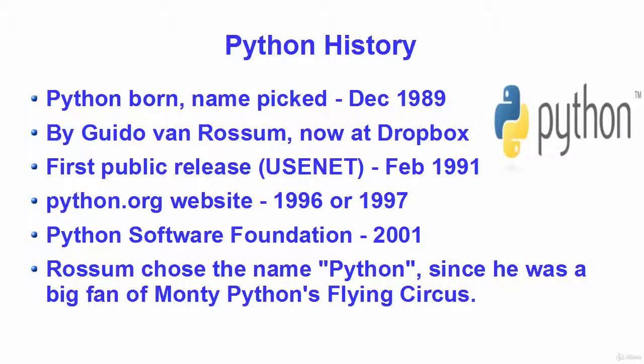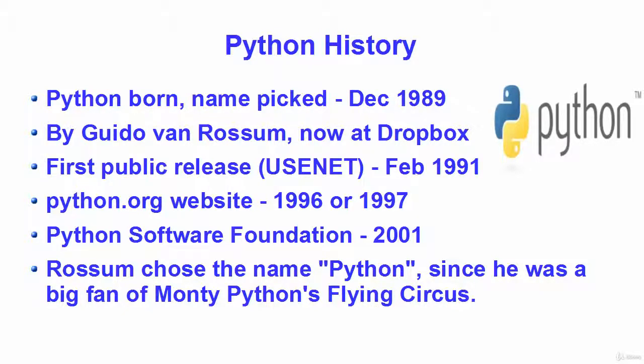Guido van Rossum worked at Google from 2005 to December 2012, where he spent half of his time in the development of the Python programming language. And nowadays, Van Rossum is working in a company called Dropbox. And where does the Python name come from? Van Rossum chose the name Python since he was a big fan of Monty Python's Flying Circus.